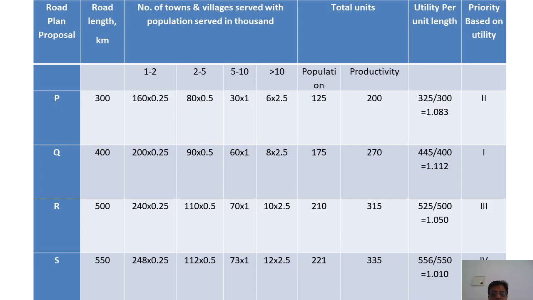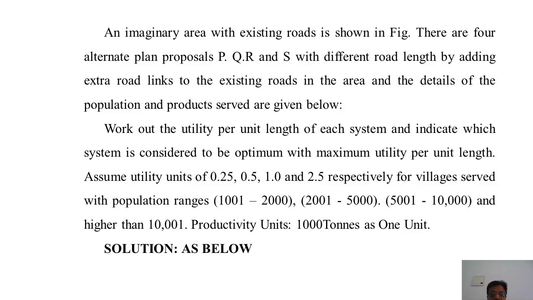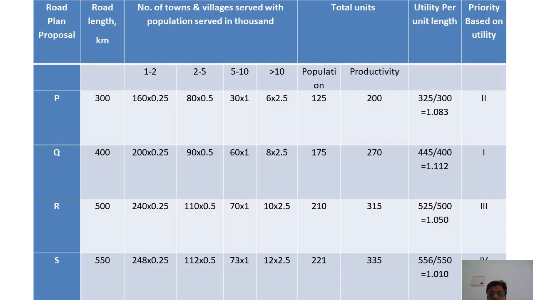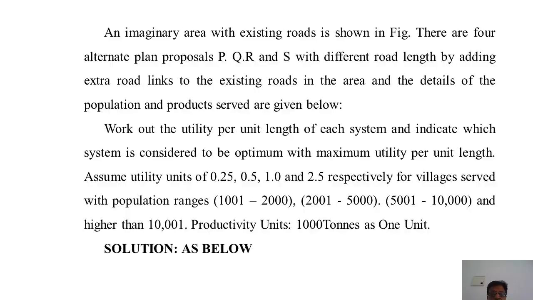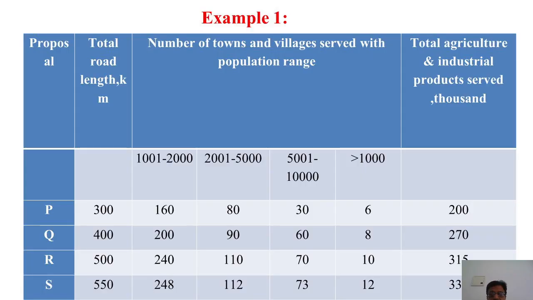So productivity. What they have given in productivity unit, here they have given 1000 tons as 1 unit. So here it is 200,000 tons, and 1000 tons is one unit, so 200 into 1. It is both for agriculture and industrial.